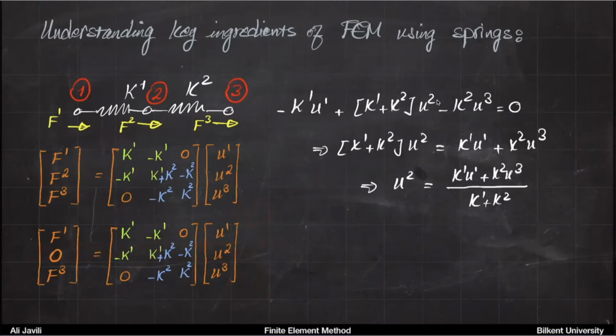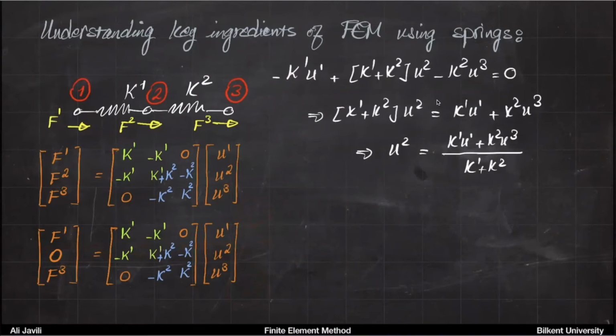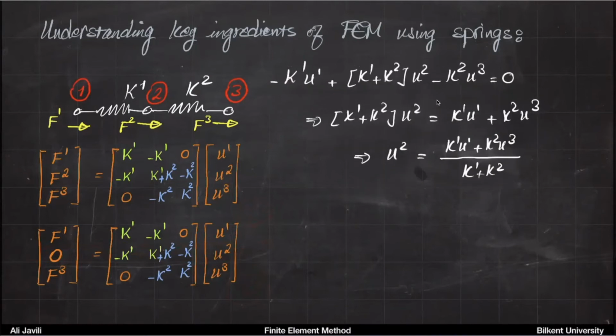So F1, let me push this a little up to make space. F1 is K1 U1 minus K1 U2.